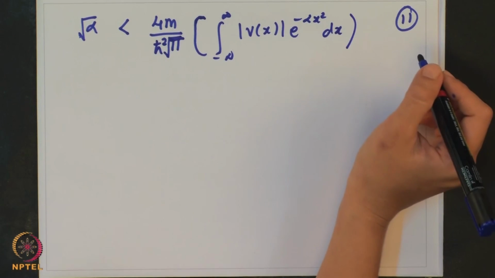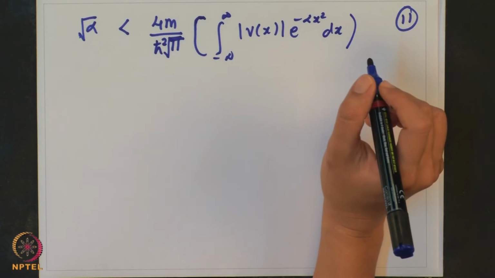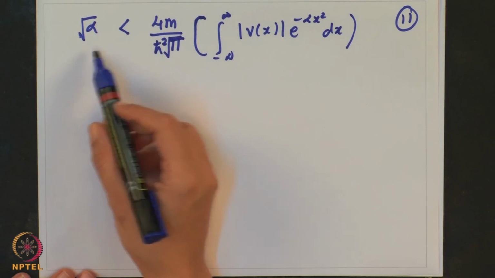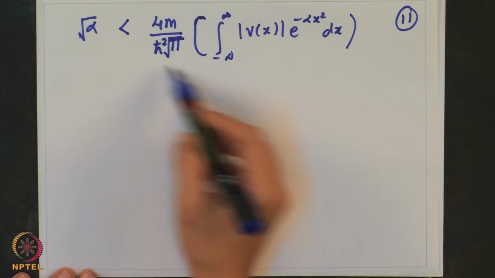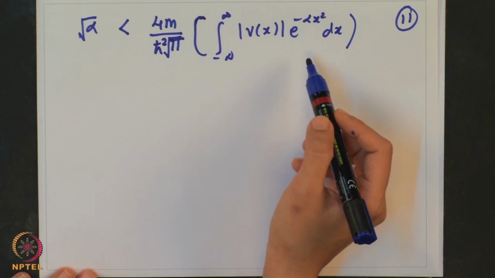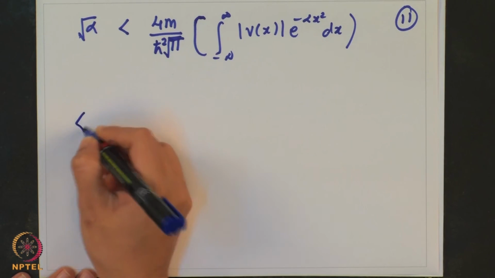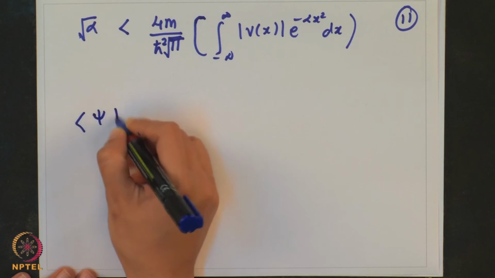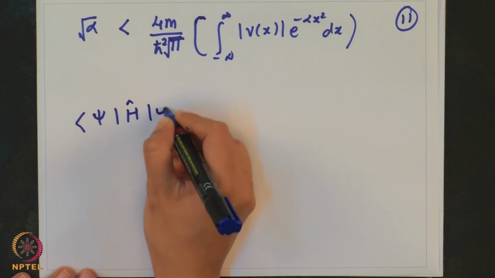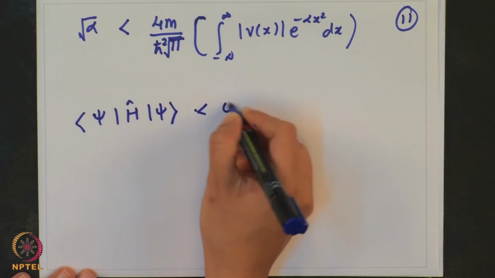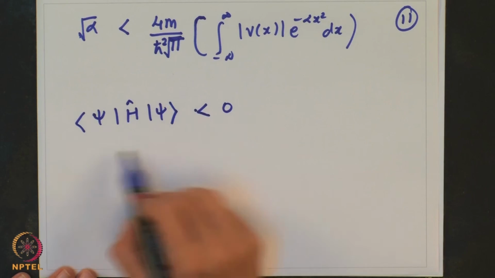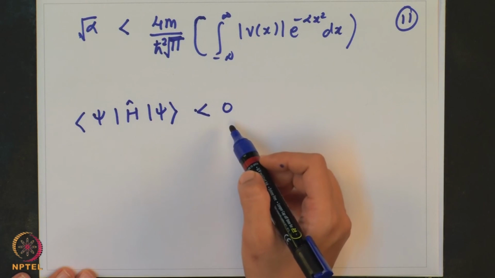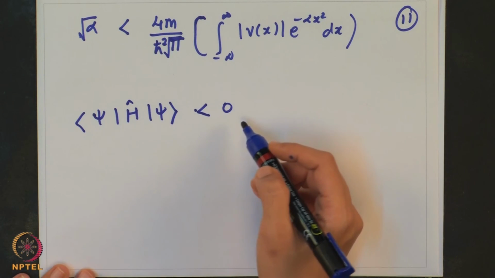So, the condition on alpha is that it should be less than this value. That will ensure that we have at least one bound state, that is, a negative energy value.